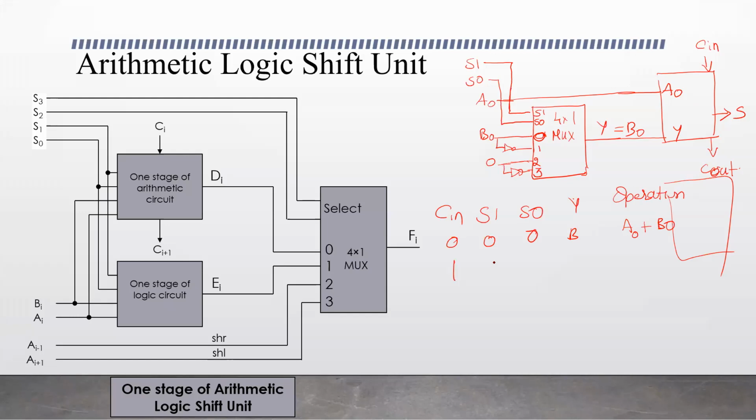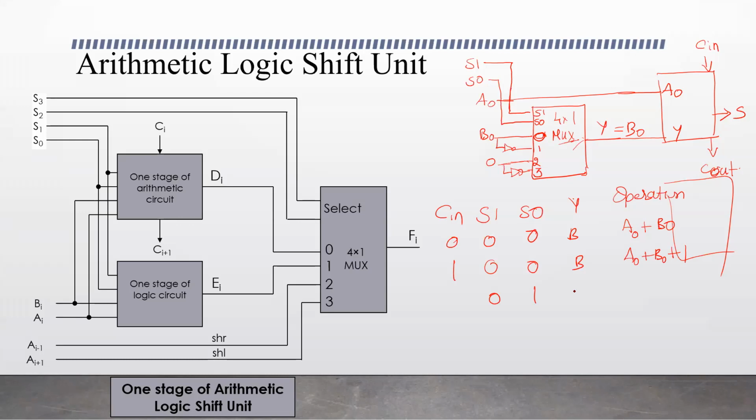When the carry input is 1 with the same S1 and S0, the Y output is B because S0 and S1 are the same. This performs A naught plus B naught plus 1. Now S1 and S0 are 0 and 1. When it is 0, 1, input 1 of the multiplexer is directed to the output.